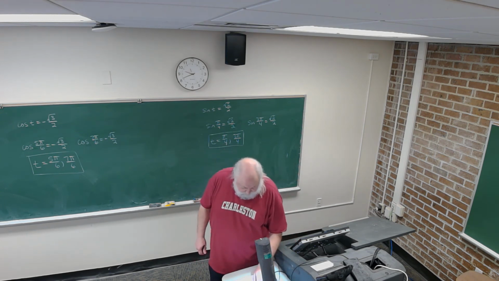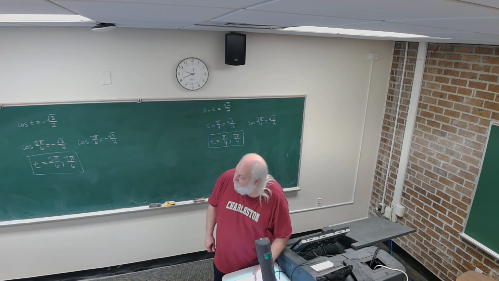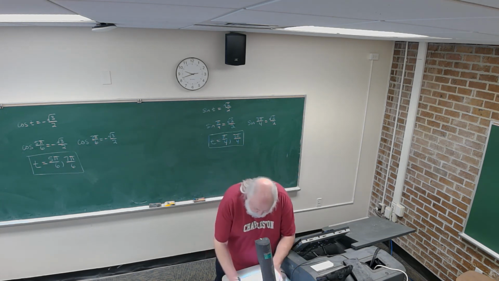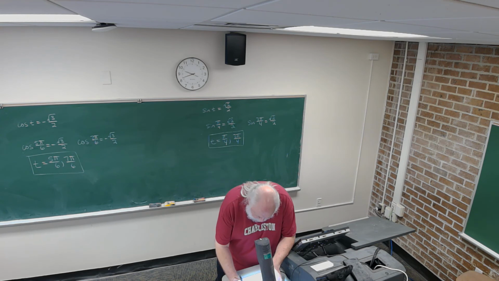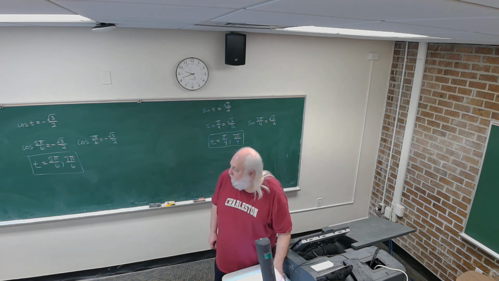So here's the graph. Remember the graph of y equals cosine x crosses the y-axis at y equals 1. So here's the graph of cosine x. And when we replace x with x minus pi over 2, it shifts the graph right pi over 2 radians, or units, I should say, either way.